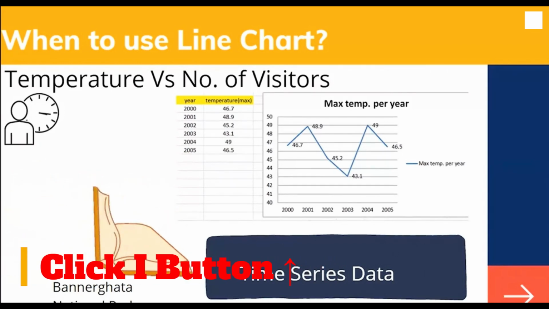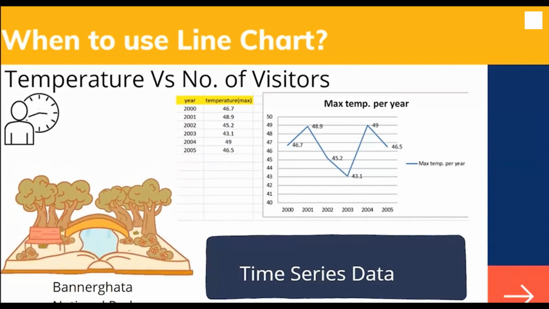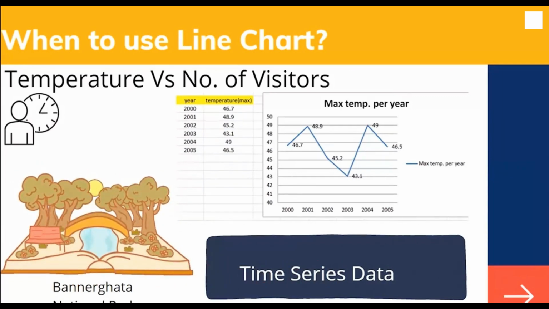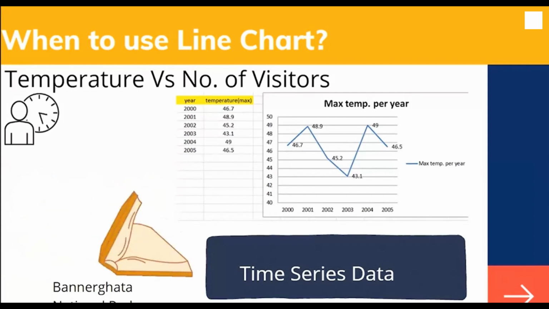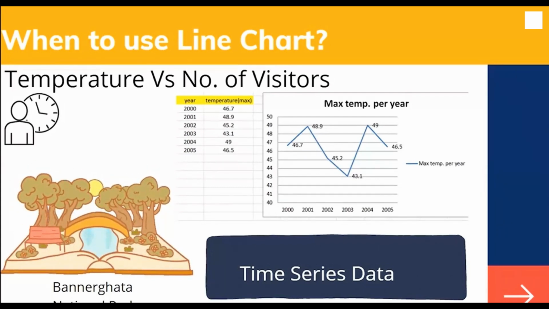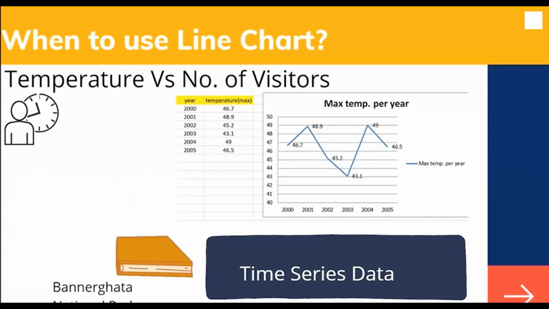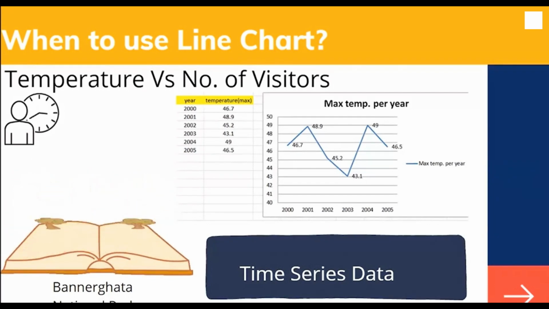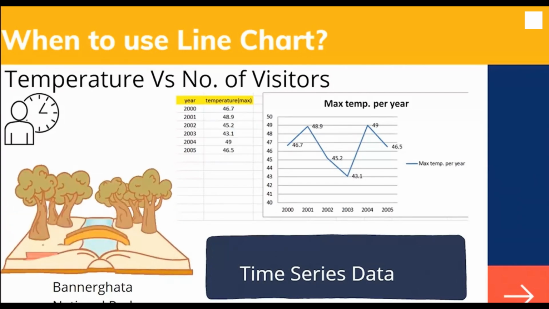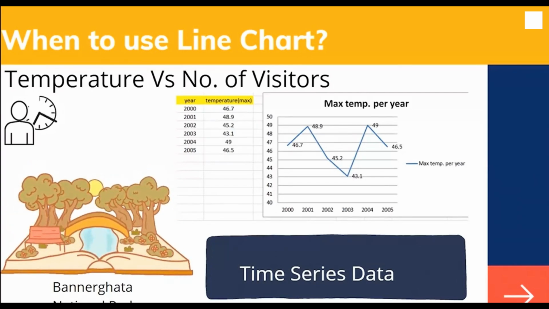So there is always a time association with respect to the data. Whenever you have such type of data, especially when you have to deal with time series data and you want to perform a visualization for it, line chart is the most appropriate one.